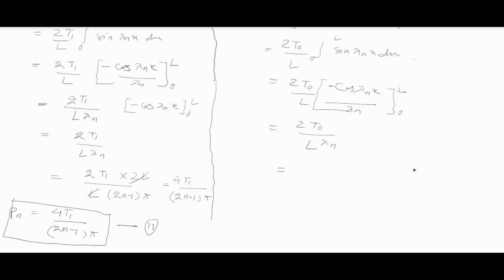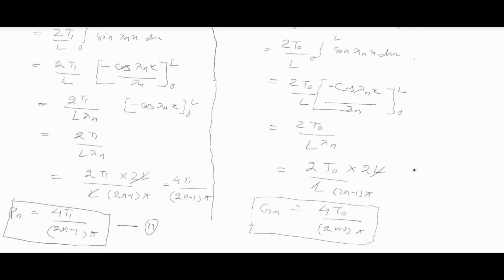This will give us the same 2T0 by L into 2n minus 1 pi. At the top it would be 2L. L cancels. It will give us 4T0 by 2n minus 1 into pi. So we got Gn is equal to this much.